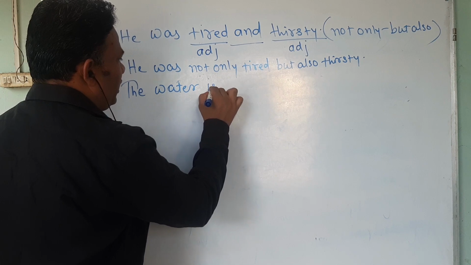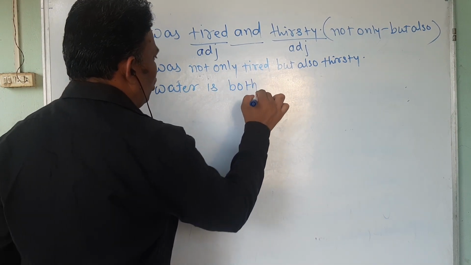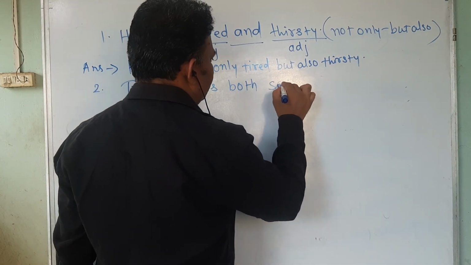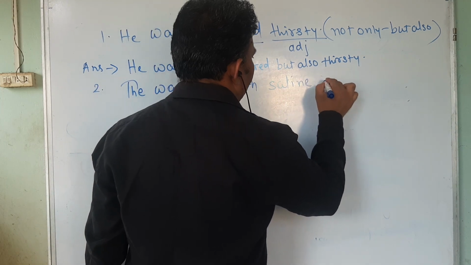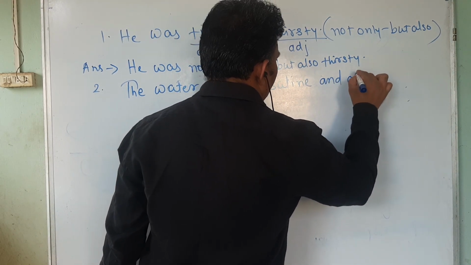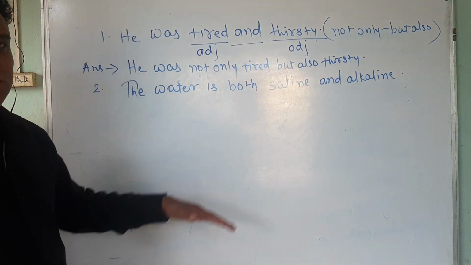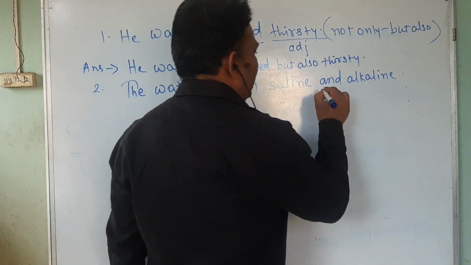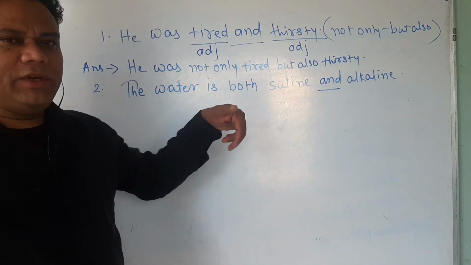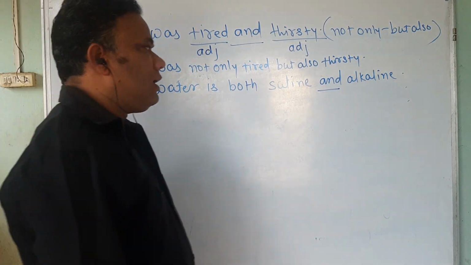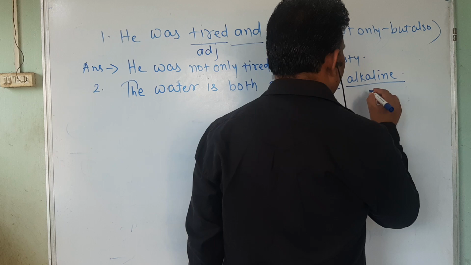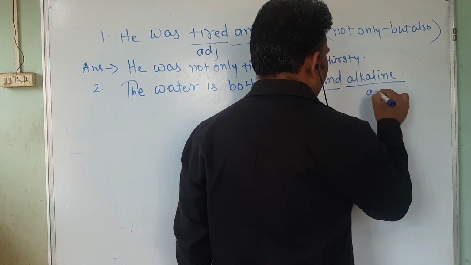The water is both saline and alkaline. So here "and" is there. Which word is given after "and"? Alkaline, and here it is functioning as an adjective.